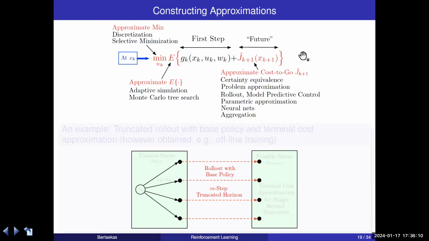Here's a bird's eye view of different ways to construct approximations. When it comes to J tilde approximation, there are many different ways to do it. One possibility is problem approximation.